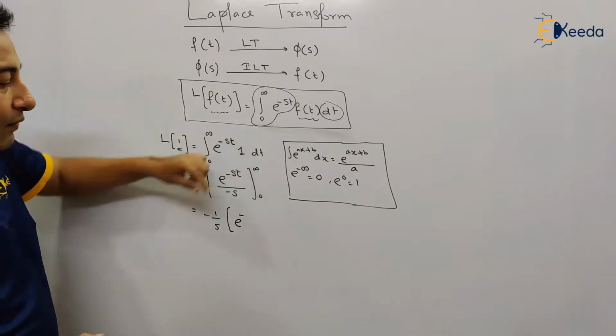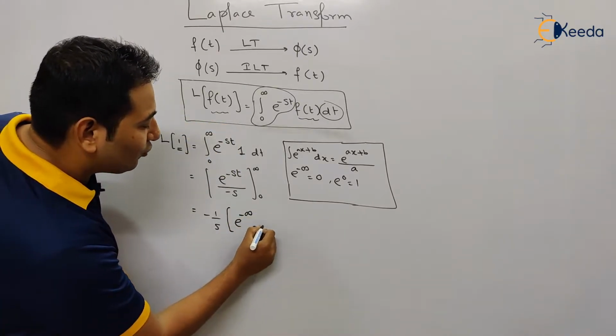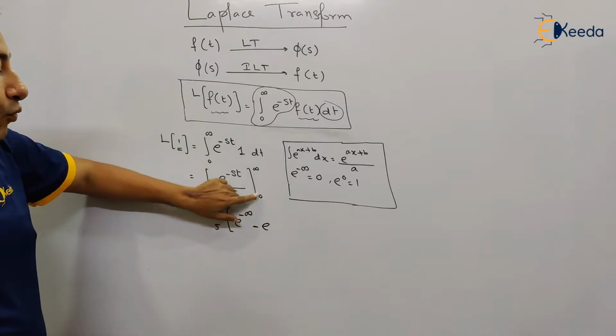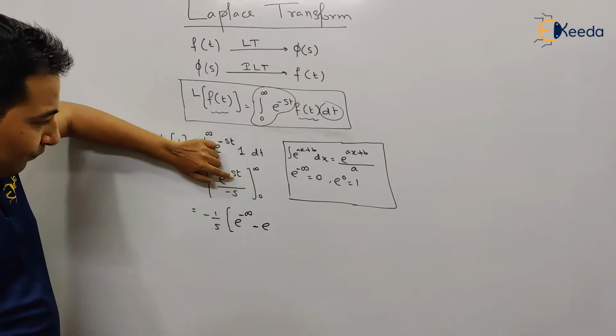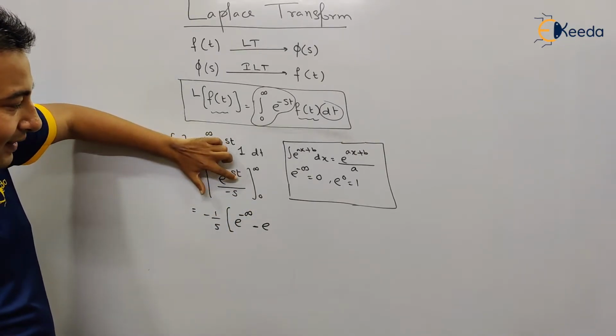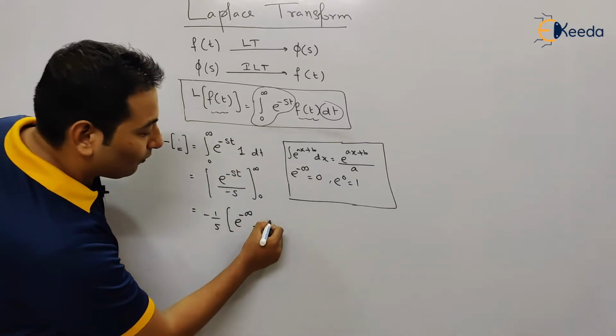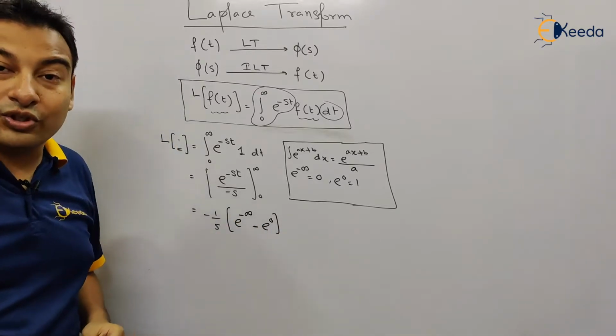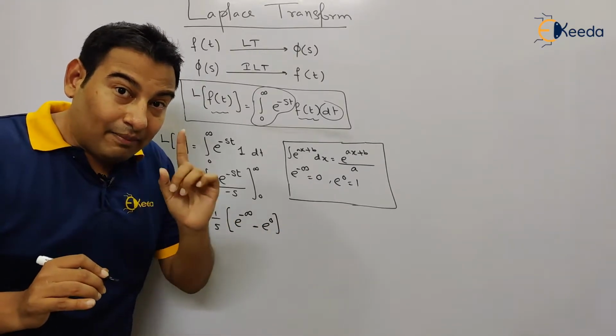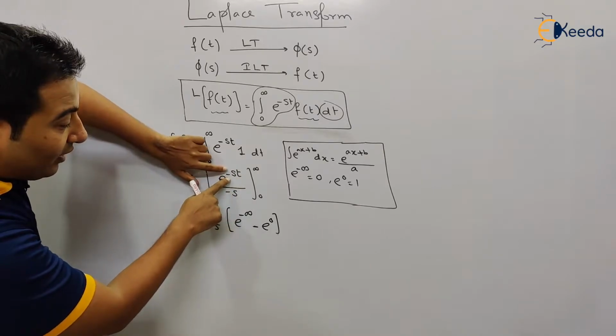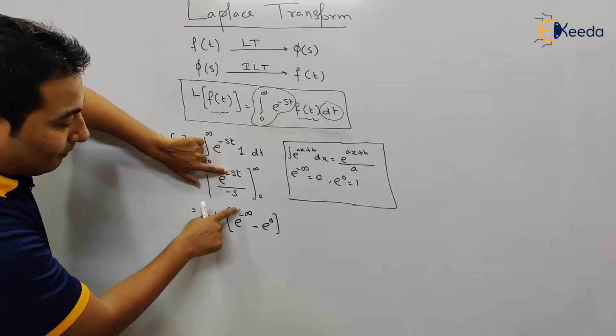So s into infinity will become infinity, minus the lower limit. If we put 0 in place of t, this becomes s into 0. This entire term will become 0. So this will become e raised to 0. While putting infinity, make sure that you substitute here and you take this minus.